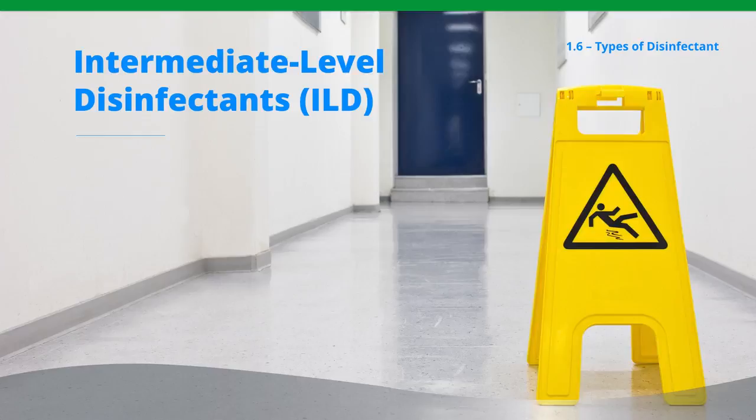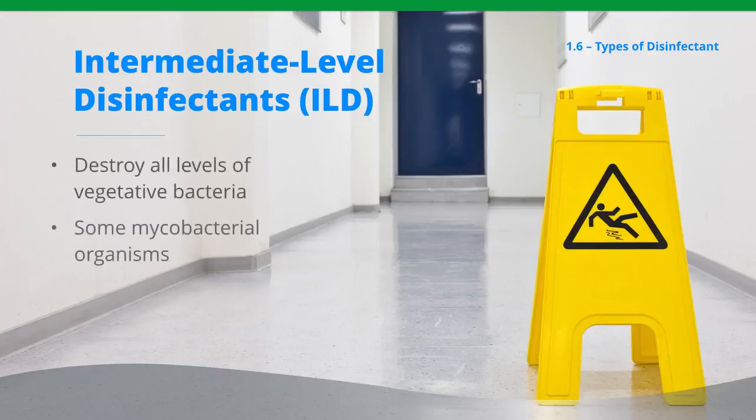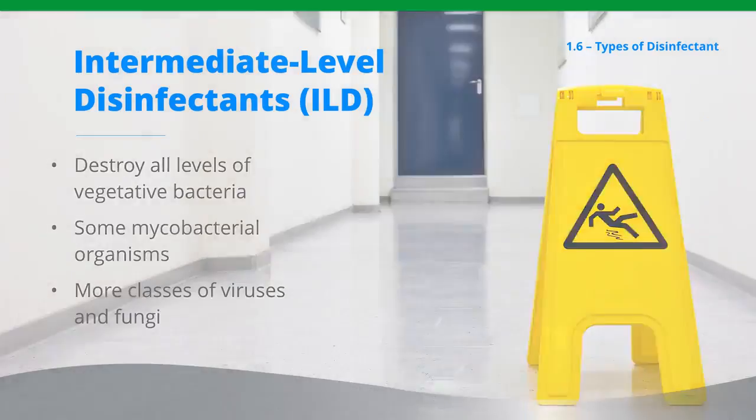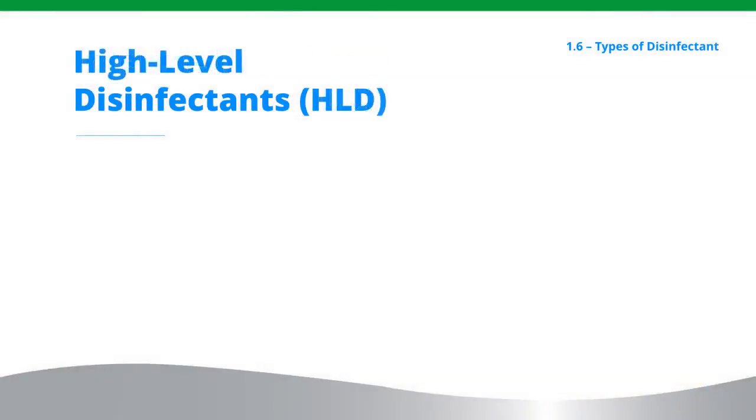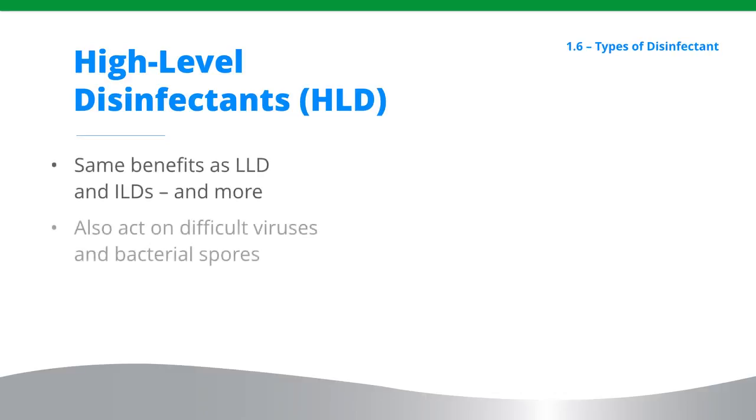Intermediate level disinfectants will destroy all levels of vegetative bacteria, including some mycobacterial organisms, as well as more classes of viruses and fungi than LLDs. High-level disinfectants will do all that an LLD or an ILD will do, such as the killing of grade 1 and 2 pathogens.